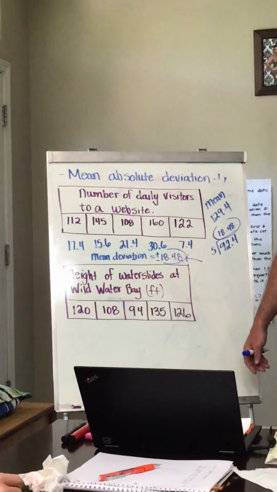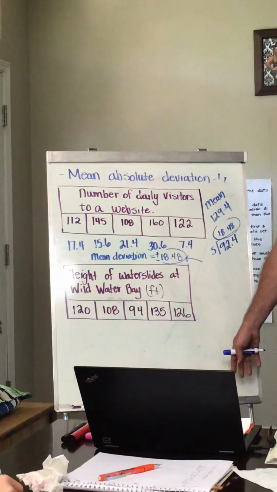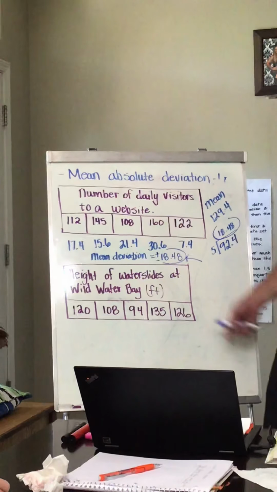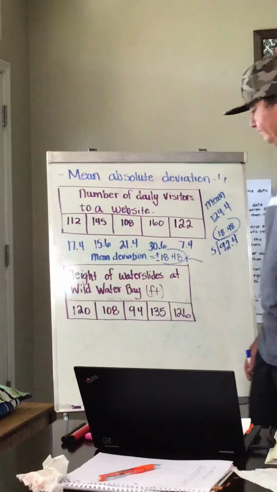Okay, first thing we're going to do is what, Colby? We're going to find the average. We're going to find the mean. All right, go for it.